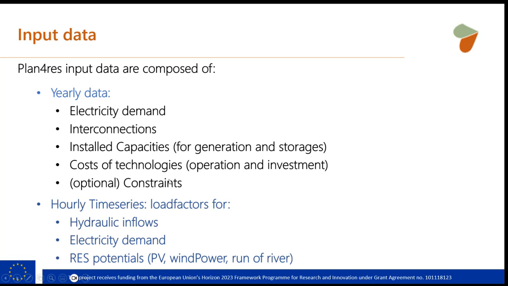Also, but this is optional, you can define a set of constraints for the different technologies. And when you run an investment case study, you also need to define bounds for the investment.